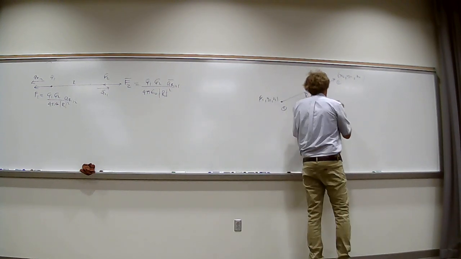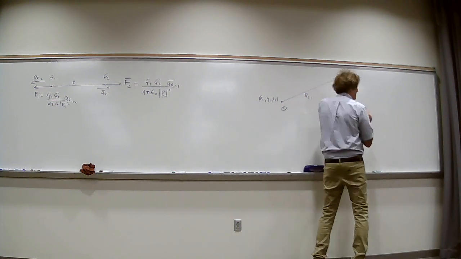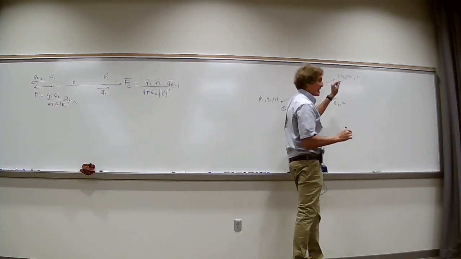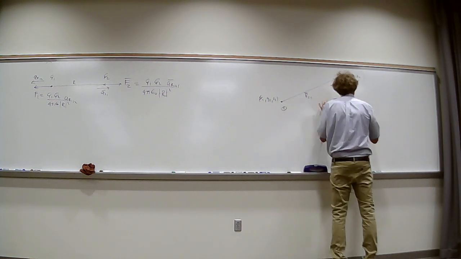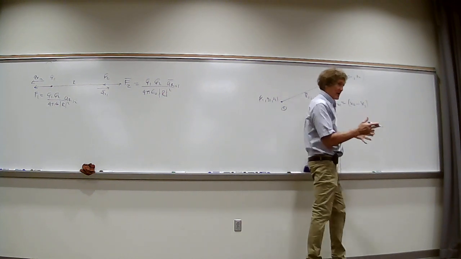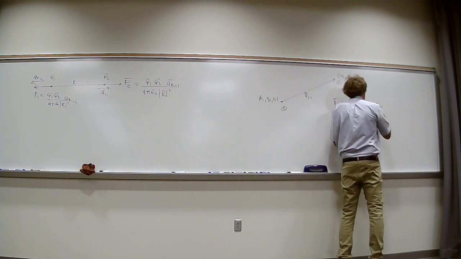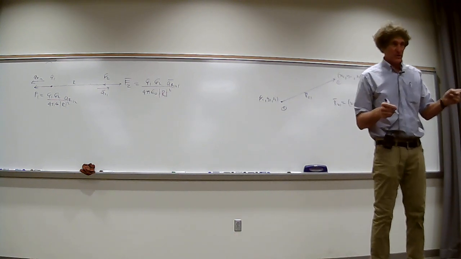You say that R21 vector would be, it's always the coordinates you end up at, which is x2, minus the coordinates you came from, x1, and then you put a unit vector, ax, here. Now, ax just has a magnitude of 1, but it's pointing in the x direction. Do you all follow me on that?